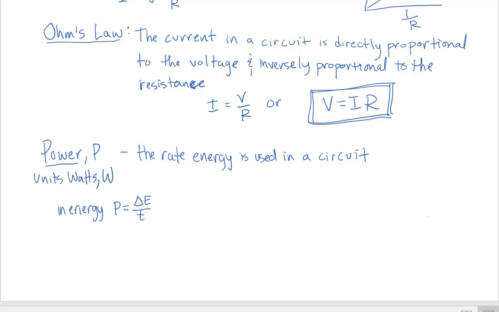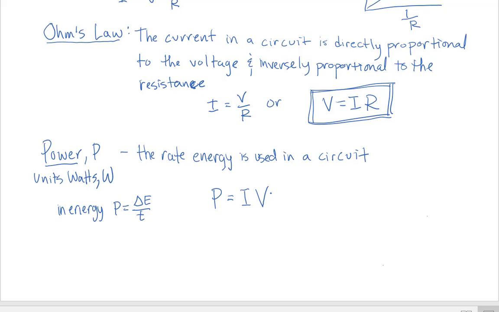We don't think about it in terms of conservation so much. In circuits, we don't want to deal with time and energy. We want to deal with current, voltage, and resistance. And it turns out that power is current times voltage, P equals IV, which doesn't look at all like energy and time when you look at it.